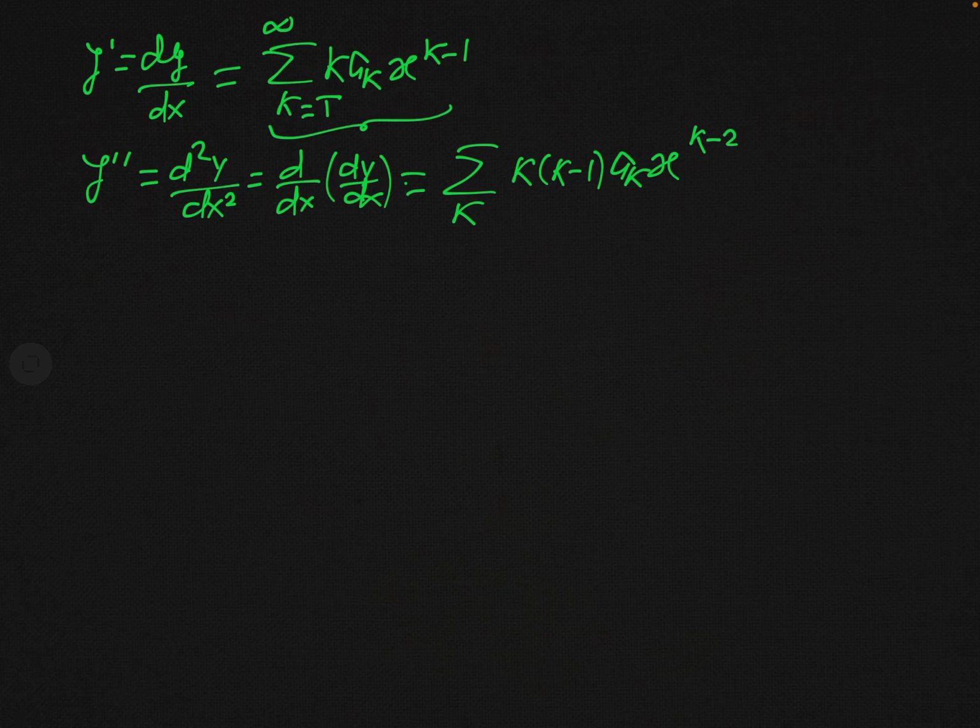Simple formula of x to the power n differentiation has been used here. Now you can see, if we put k equal to 0, this term will be 0. If you put k equal to 1, then again it will be 0, because 1 minus 1 will be 0. So there is no need to write the limits 0 and 1. So we will start the limits for k from 2, so here k runs from 2 to infinity.